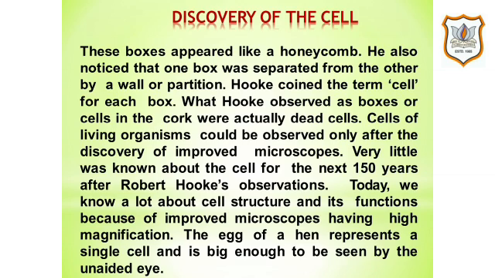The egg of a hen represents a single cell and is big enough to be seen by the unaided eyes. Now, the cell is about 1/1,000,000th of a meter. The high magnifying power microscopes have helped the scientists to study the minute details of the cell. Students, now we will study the cell in detail.